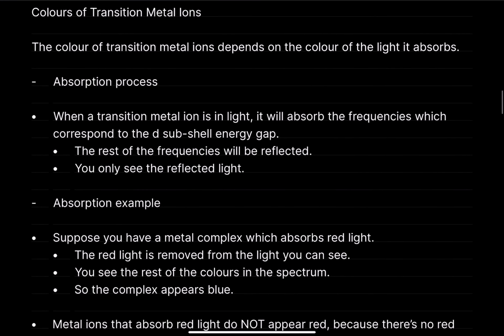Now, the colors for transition metal ions depend on the color of the light that is absorbed. So, the absorption process: when a transition metal ion is in light, it'll absorb the frequencies which correspond to the d subshell energy gap. The rest of the frequencies will be reflected. So you only see the reflected light.